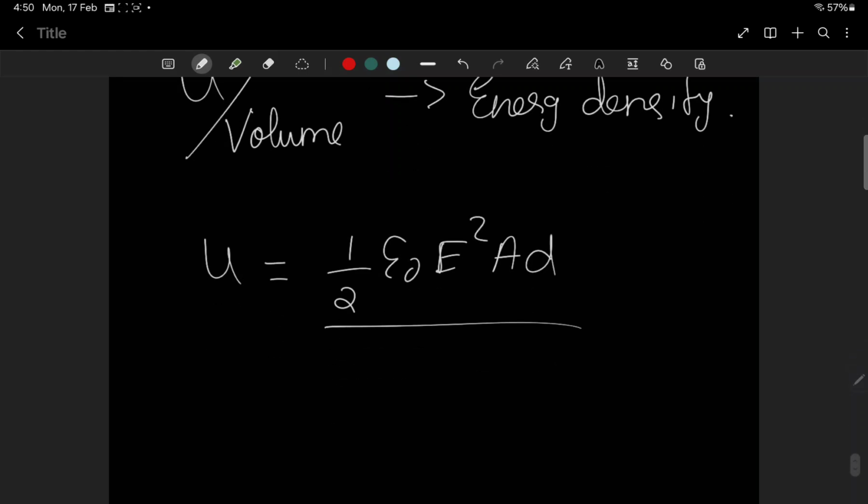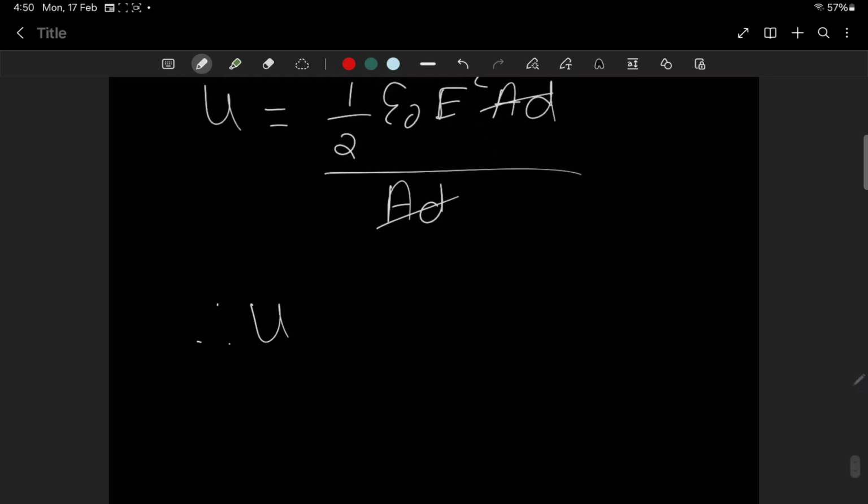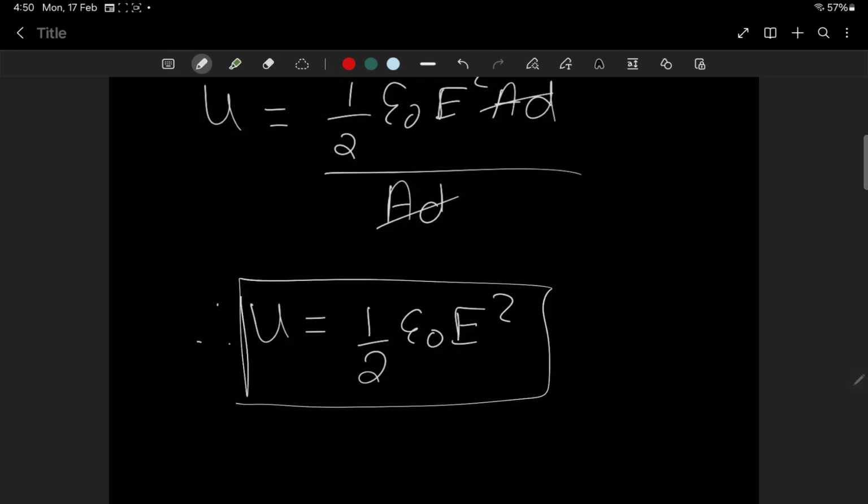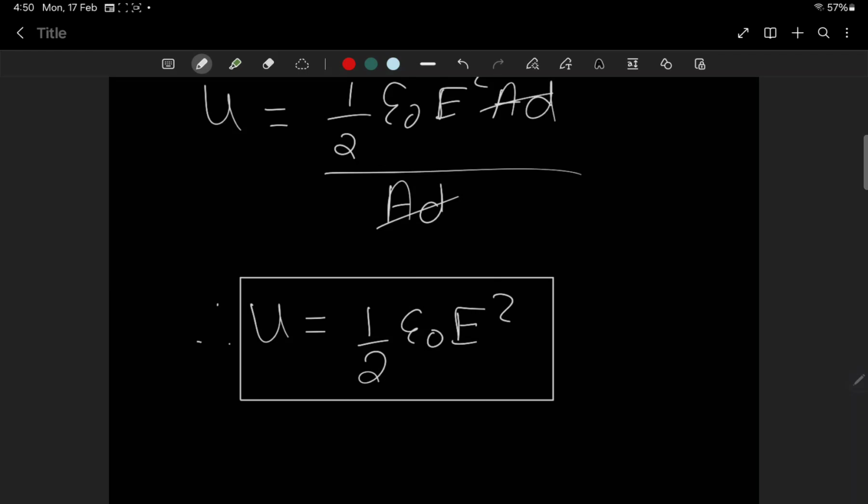Volume is the volume of the space between the plates, that is A into D. AD cancels. Therefore we get energy density as half epsilon 0 E square.